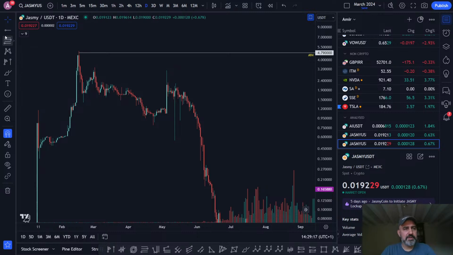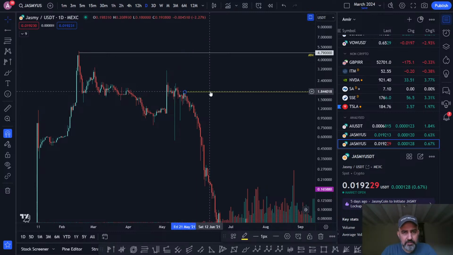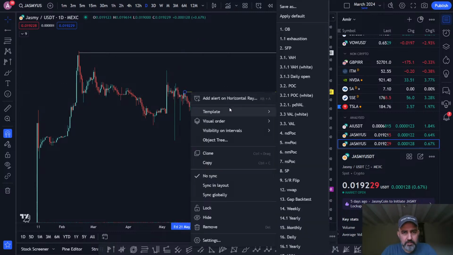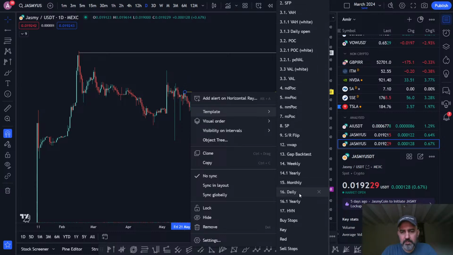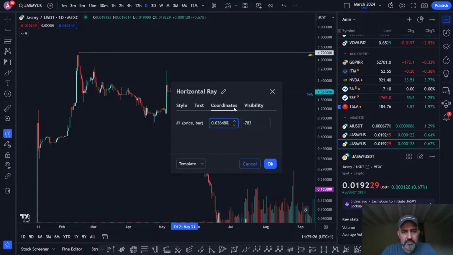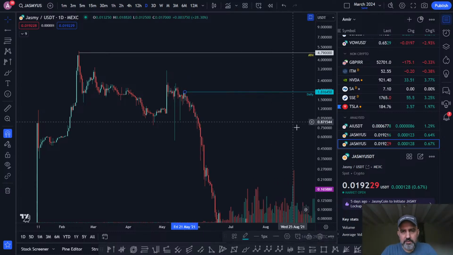There's one up there that's probably important. I'll mark that one. Let's see what the coordinates are. Got the coordinates there.